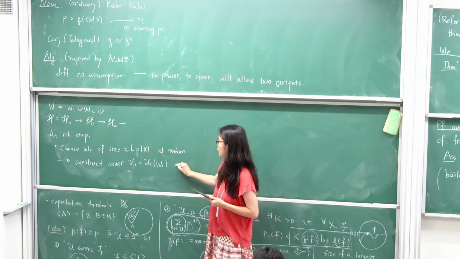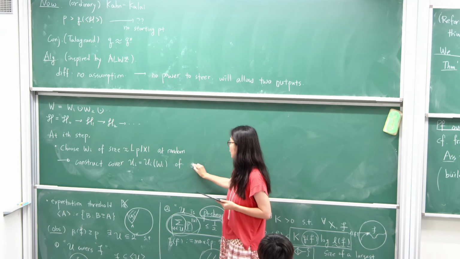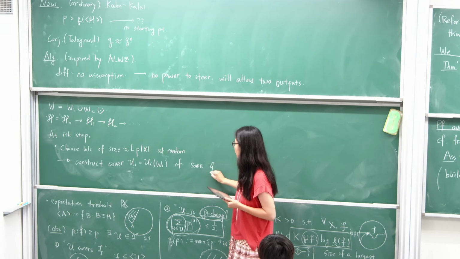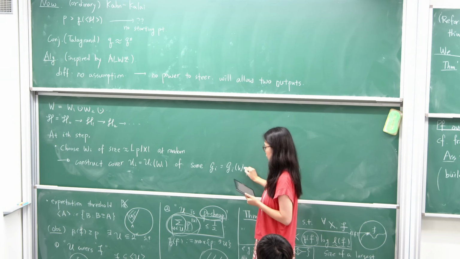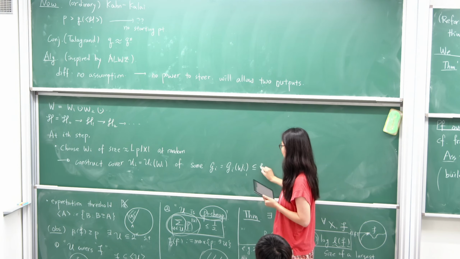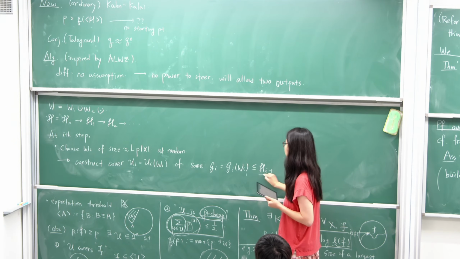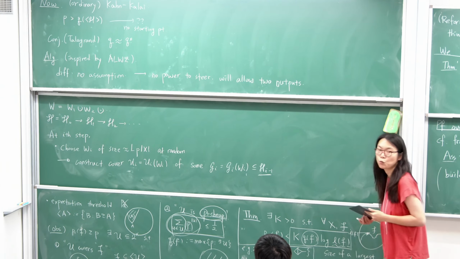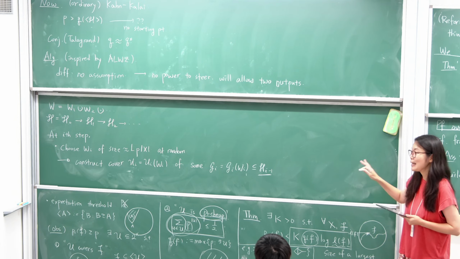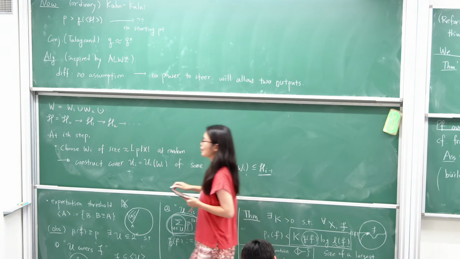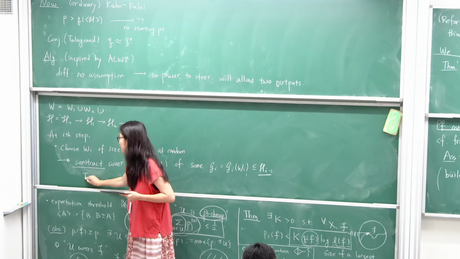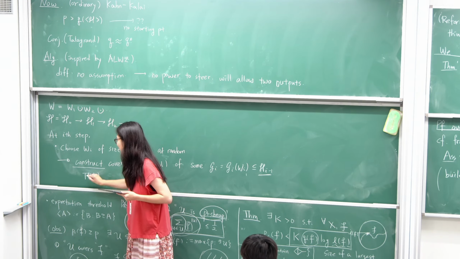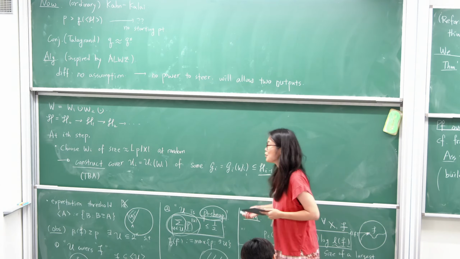And what does this cover? This covers some Gi, which again depends on the choice of Wi, which is contained in our current hypergraph Hi-1. And we are still in the sketch part, so let me not say how we construct this cover. So this is to be announced. But for now, I'm just giving you a sketch.